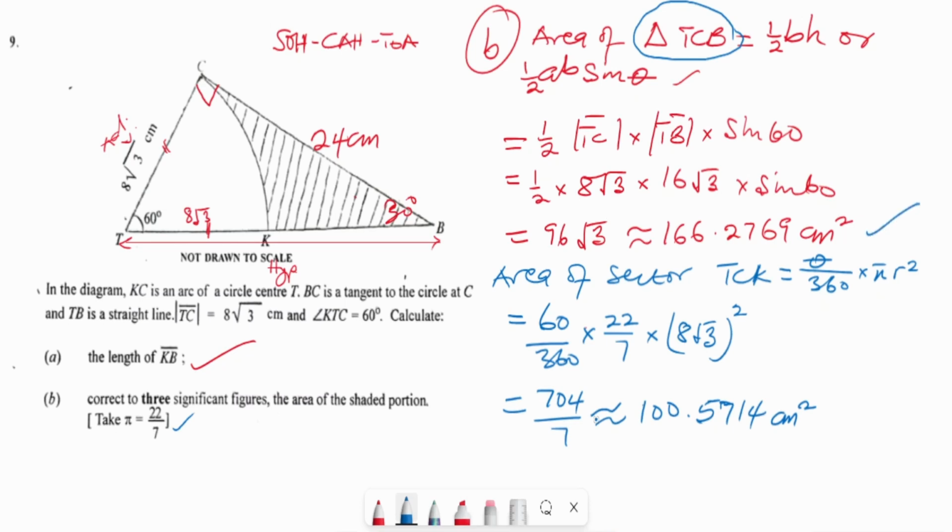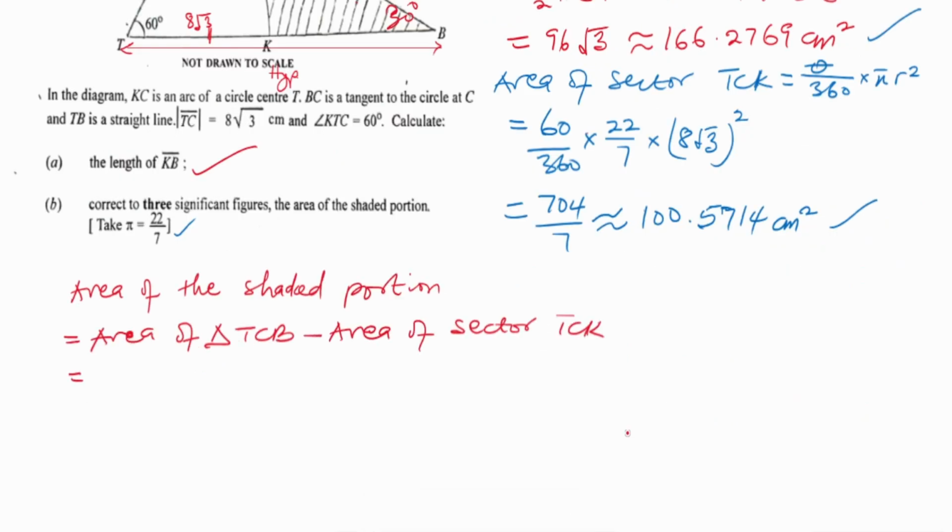So now the area of the shaded region is going to be the area of the whole triangle, as I said earlier, minus the area of the sector. So that is what we are going to do. Let me write that quickly. And that will be equal to 96√3 minus 704/7. You can use the decimals as well. That's why I wrote both of them, so that you can choose the one that you want to use.